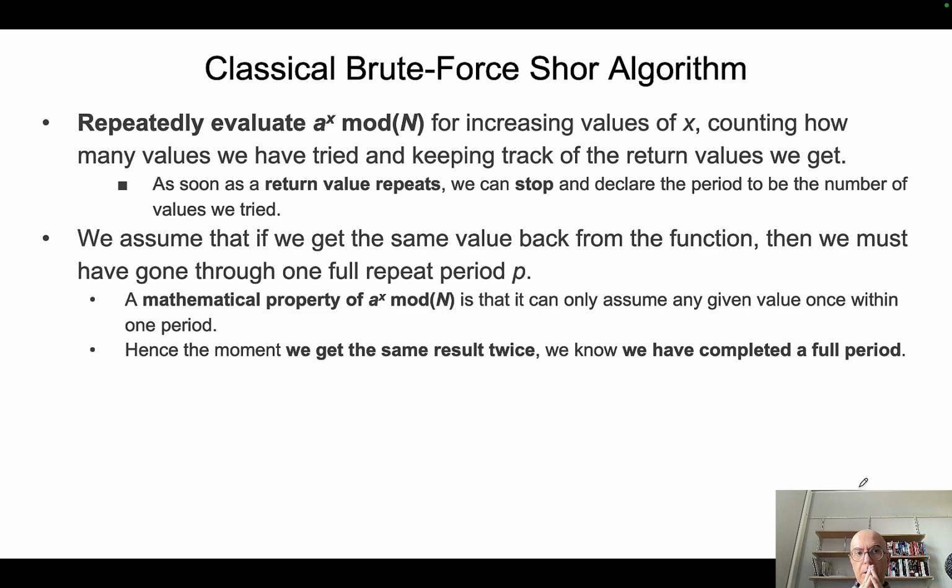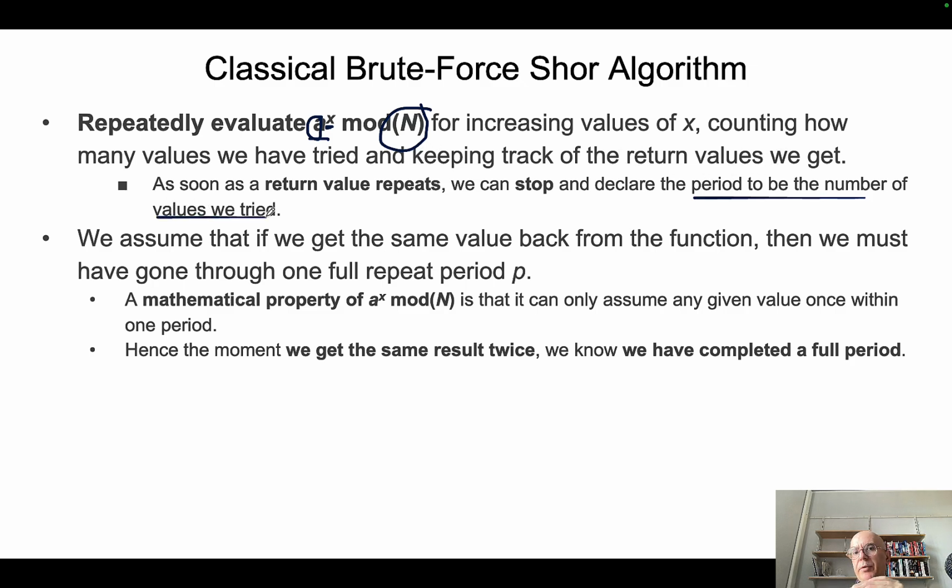So we have our number n, that's the input. We choose a coprime, that is a, and then we keep increasing x. For increasing values of x, we count how many values we have tried and keep track of the returned values we get. As soon as one of these return values repeats, we can stop and declare the period to be the number of values that we tried.